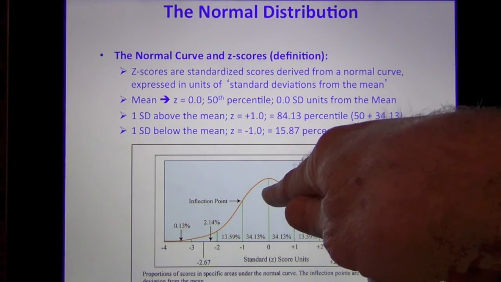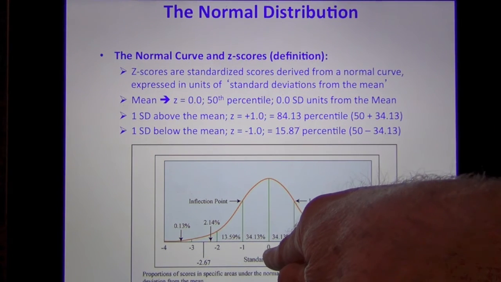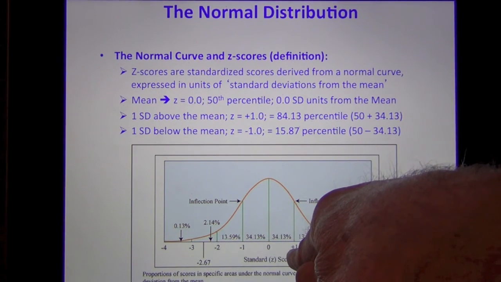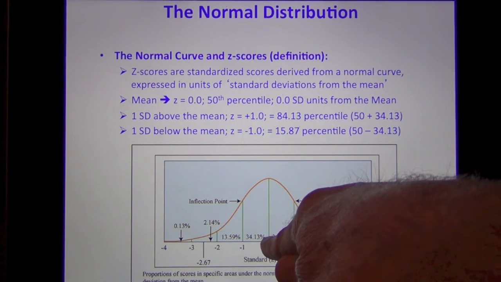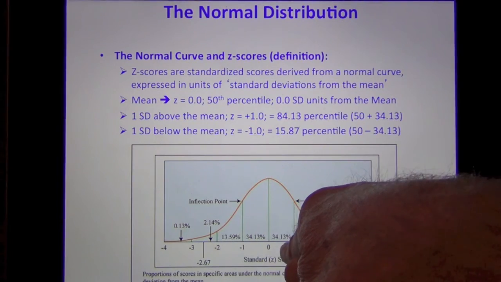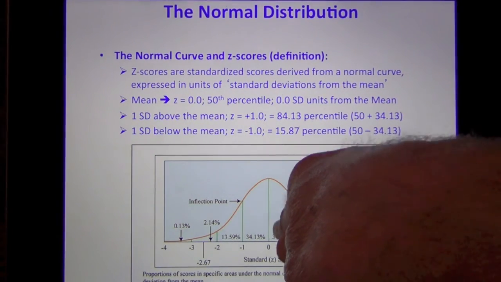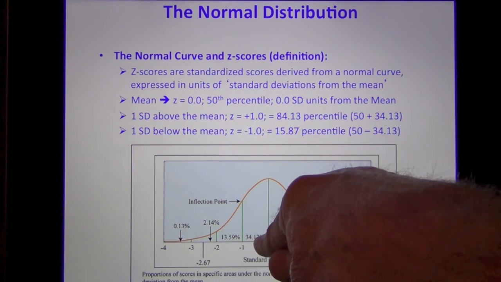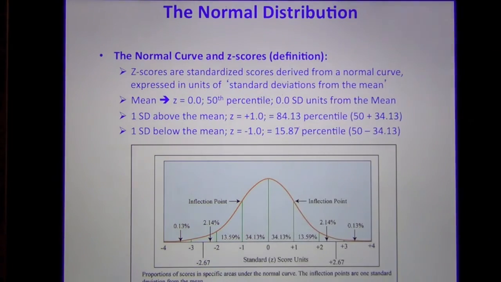Again, this is a normal curve, the inflection point. The mean is given a score of 0 on a z-scale. One standard deviation unit above, where you go from the mean to 1 above, you get 34.13% of the data. That would be a z-score of plus 1. 1 standard deviation below would be a z-score of minus 1, 50 minus 34.13, or basically 15.87 would be the percentage.